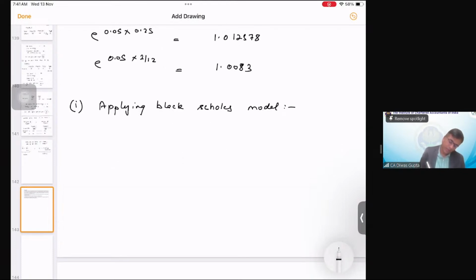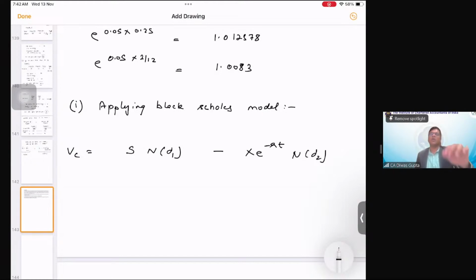This is the value of a call option, which is equal to S N(d1) minus X e^(-rT) N(d2). We had a very elaborate discussion in the previous session on how these values are calculated, and what is the meaning of these values for us.